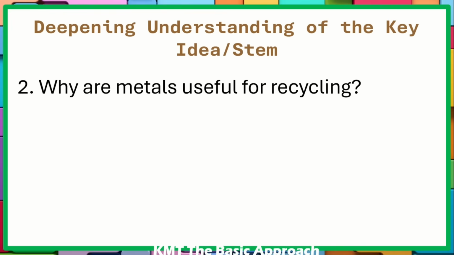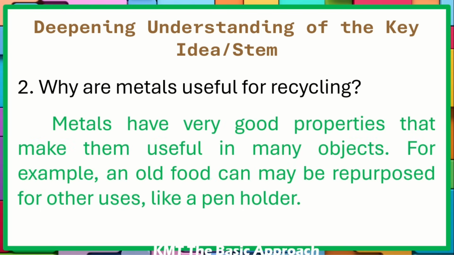Number 2. Why are metals useful for recycling? Good job! Metals have very good properties that make them useful in many objects. For example, an old food can may be repurposed for other uses, like a pen holder.